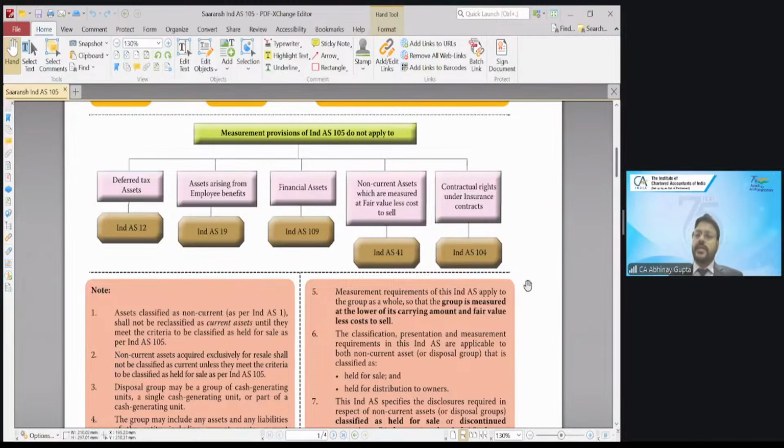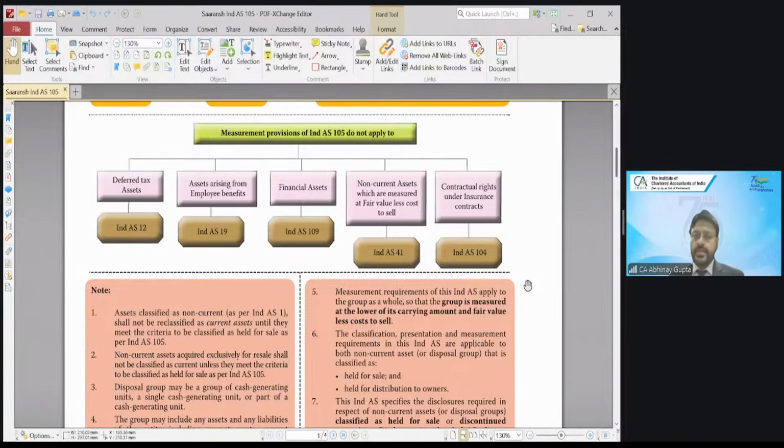And the contractual rights under insurance contracts, if any. Because all these items have their specific standards for their measurement basis, this standard doesn't want to confuse, and hence this standard specifically says that 105 does not apply in terms of the measurement provisions for these items, right?